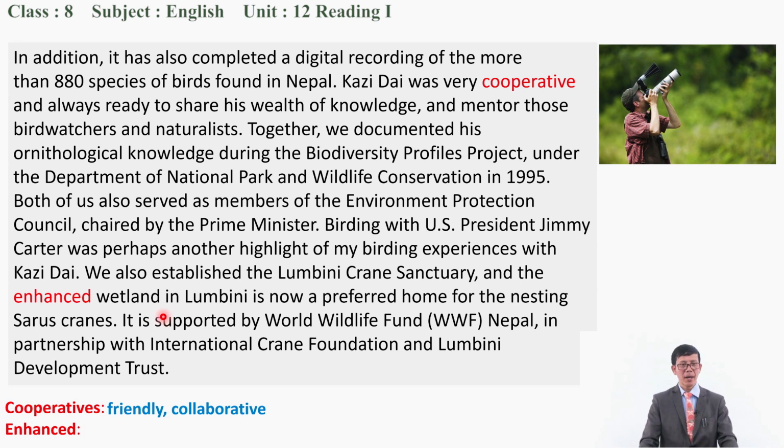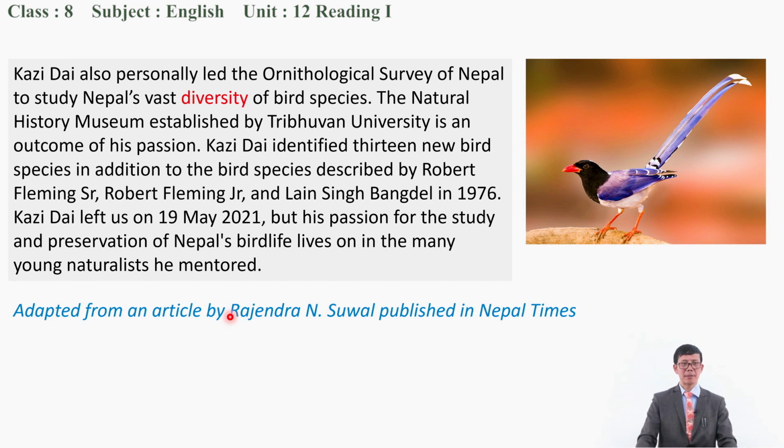An enhanced wetland in Lumbini. That means improved. He brought some changes, he promoted, he enhanced. That is improved. Enhanced wetland in Lumbini is now a preferred home for nesting Sarus cranes. Did you like this lovely bird?